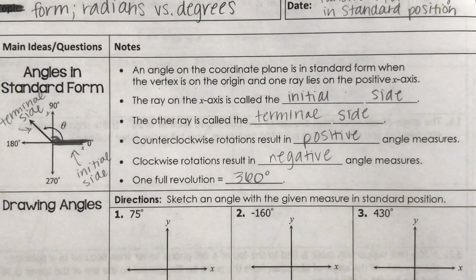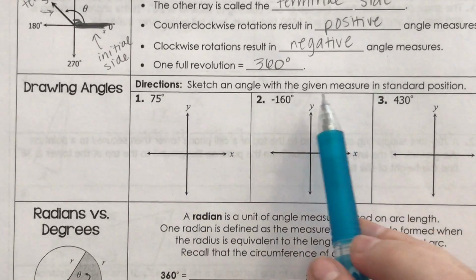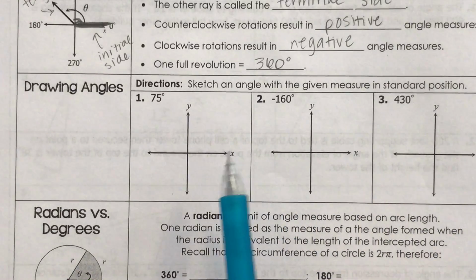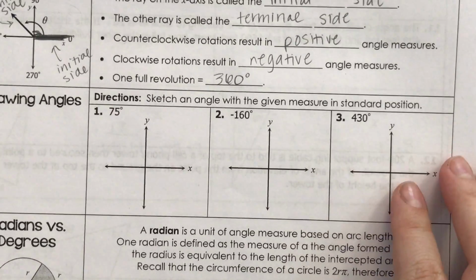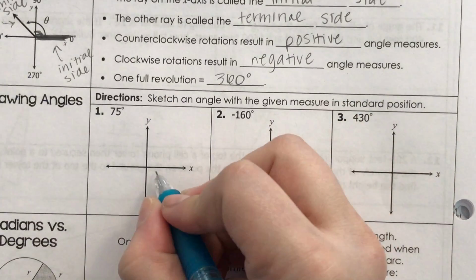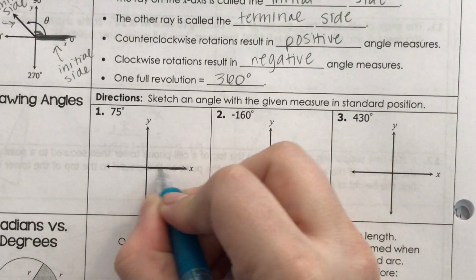So in the next video, we're actually going to start drawing. Actually, let's do it in this video. We'll do this one. So let's draw some angles. Sketch an angle with the given measure in standard position. Let's do 2 of these, and then we'll leave the third one for in class. So this is 75. Remember, we have to have our initial side on the x-axis.